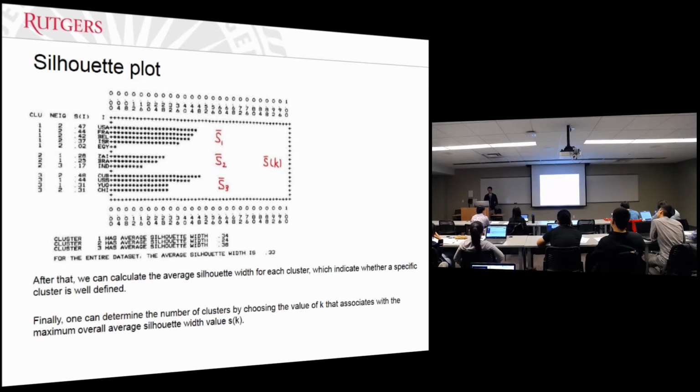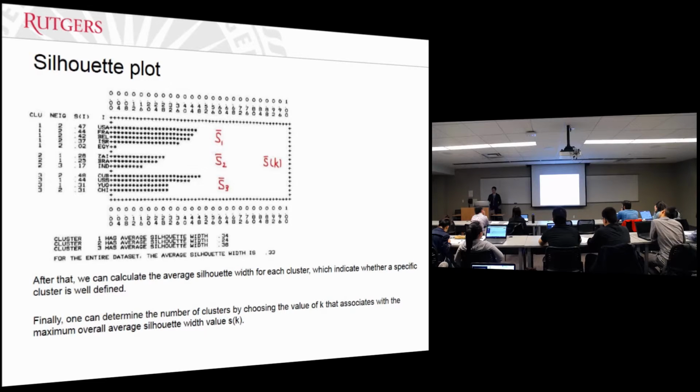And the chart on the right is simply the length, or we can say the width of the silhouette plot. And after that, we can calculate the average silhouette value for each of the clusters. And after that, we can also calculate the overall average silhouette value. So we choose the number of clusters which is associated with the maximum overall average silhouette value.